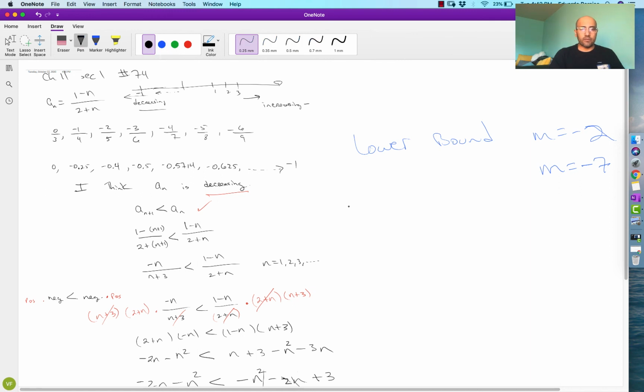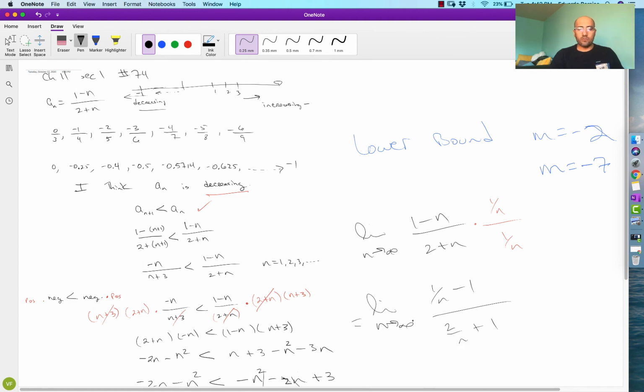But in particular, if we want to work with the limit as n goes to infinity of (1 minus n) all over (2 plus n), then we can do the same old trick we've been doing so far: multiply by 1 over n divided by 1 over n. And so this is equal to the limit as n goes to infinity of (1 over n minus 1) over (2 over n plus 1).